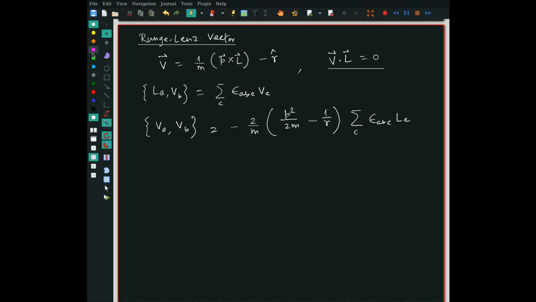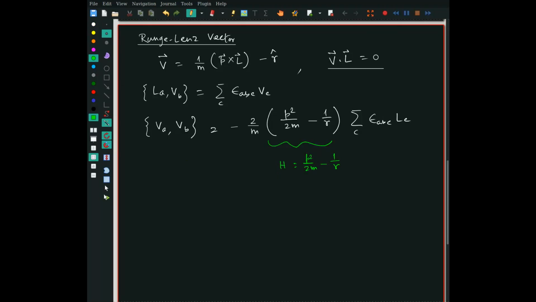So the idea is, what happens if the Hamiltonian has this structure. Suppose your Hamiltonian is p square over twice m minus 1 by r. This is a very familiar looking Hamiltonian to you. So this is basically the Hamiltonian for a hydrogen atom or an attractive gravitational field, things like that.